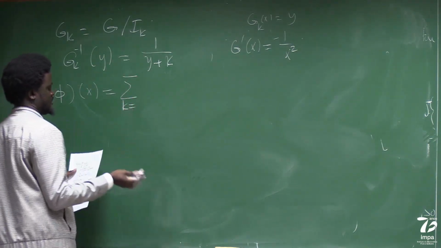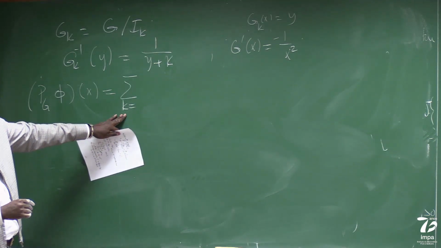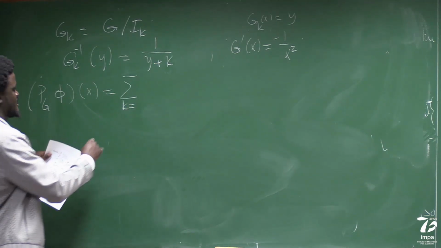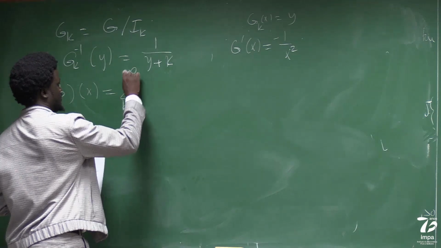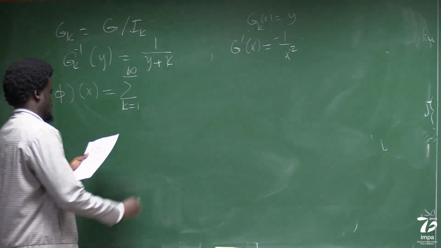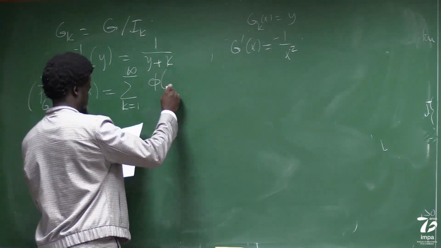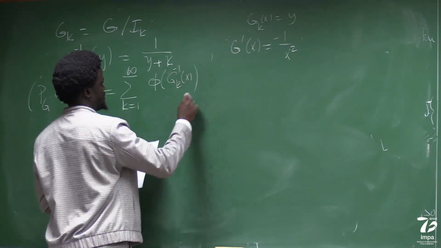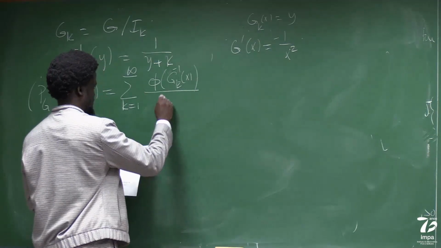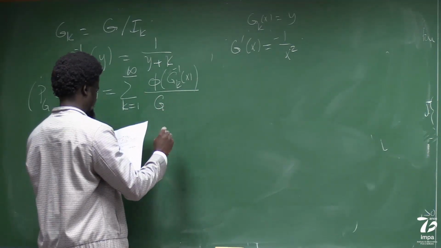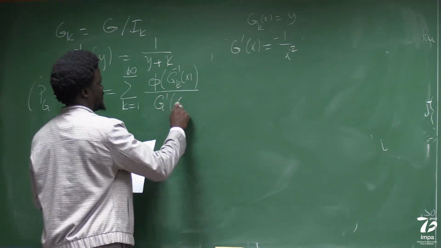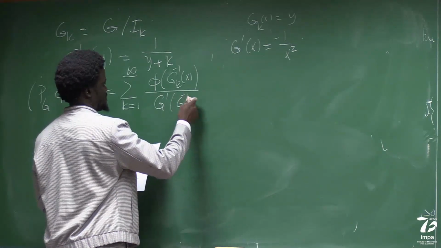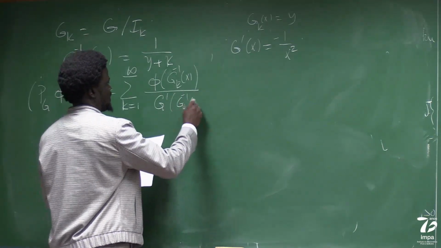This is countable, okay? The number of preimages is countable. Gk minus 1 x over G prime Gk minus 1 x.